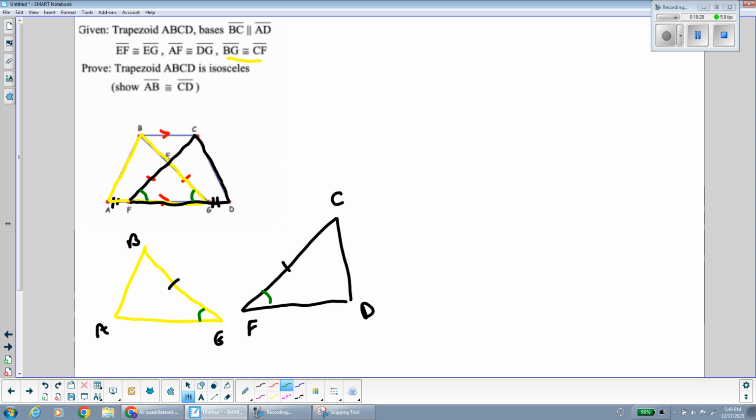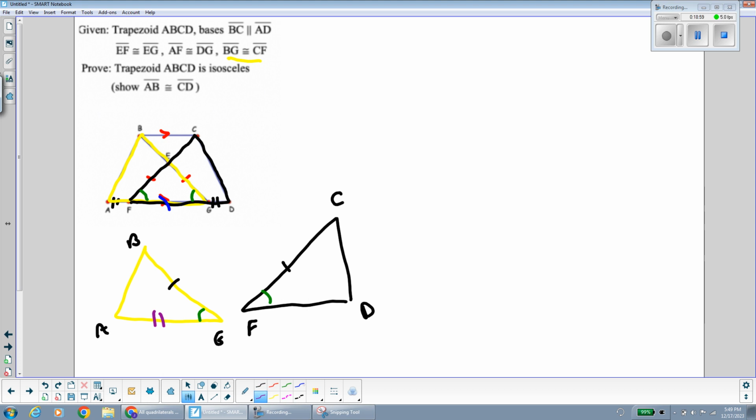Now, I also see that they gave us information about AF and DG, but AF is not the full side of this yellow triangle. AG is. That's the whole side. And DG is not the full side of the black triangle. DF is. That's the full side. So we can use addition to take the small pieces and make them into the full sides. If I take AF and I add on FG, I'll get the full side AG, which is what I want in this triangle.